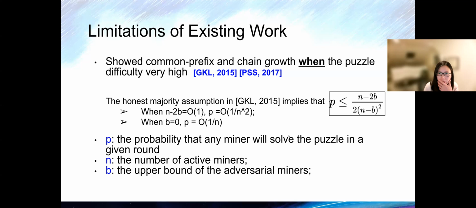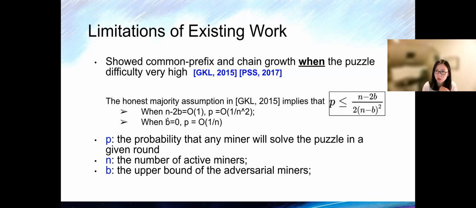These bounds have two extreme cases. If we have this, which means the adversary miners are near half of the entire participants, then P has to be set at most on the order of 1/n squared. That is, if we have 1 million miners, then we only expect one block to be generated every 1 million rounds, which is extremely slow.